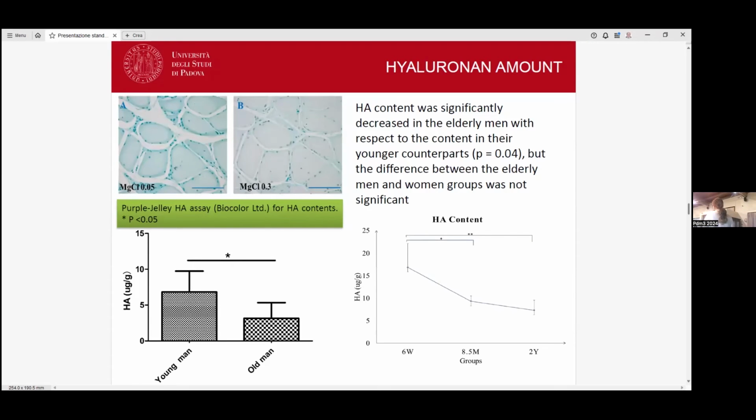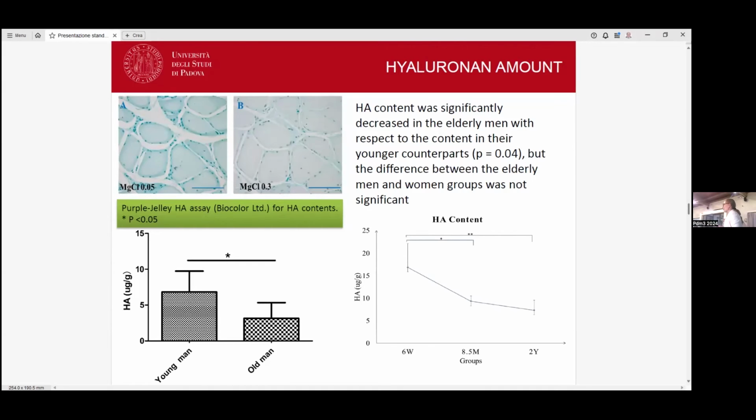We have now also another study that analyzes the fetuses just until the delivery, and we have much more hyaluronan. So it seems that we are born with fascia that are very rich in hyaluronan, with few collagen fibers, not very well organized.